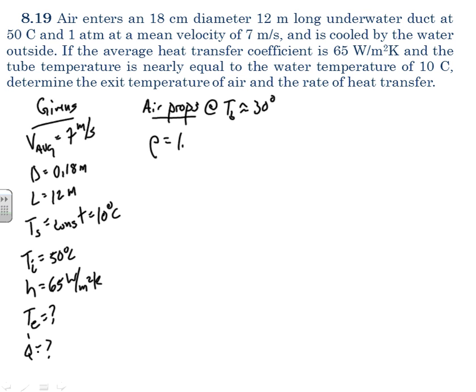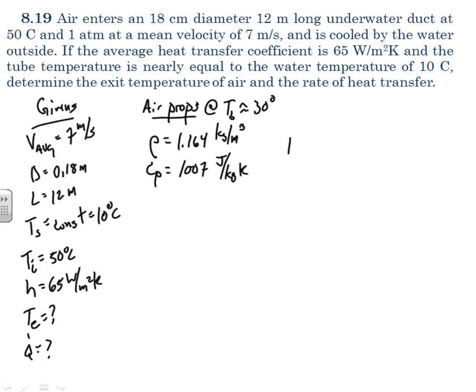Our density is 1.164 kilograms per meter cubed. My Cp is 1,007 joules per kilogram Kelvin. And now I'm trying to find the exit temperature. Again, we have this constant surface temperature case. I know that the mean fluid temperature is going to change exponentially.